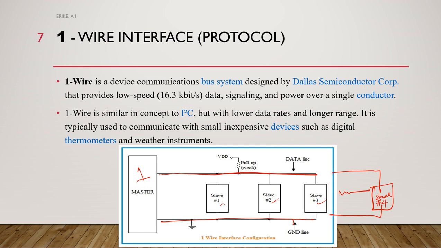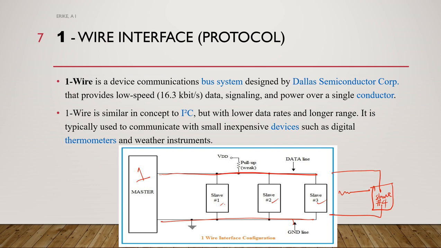Now, the most significant byte is actually a standard 8-bit CRC, cyclic redundancy check, for errors. So the master usually starts the transmission with a reset pulse, which pulls the wire to 0 volts. Now, when the reset pulse comes, it pulls the wire to 0 volts for about 480 microseconds, and this resets every slave device on the bus. So after that, any slave device, if present, will now show that it exists with a presence pulse.